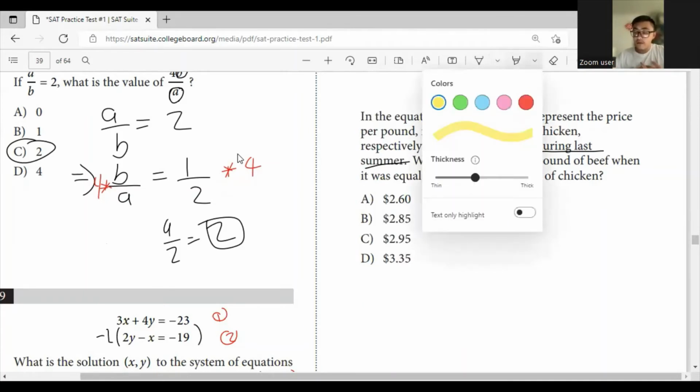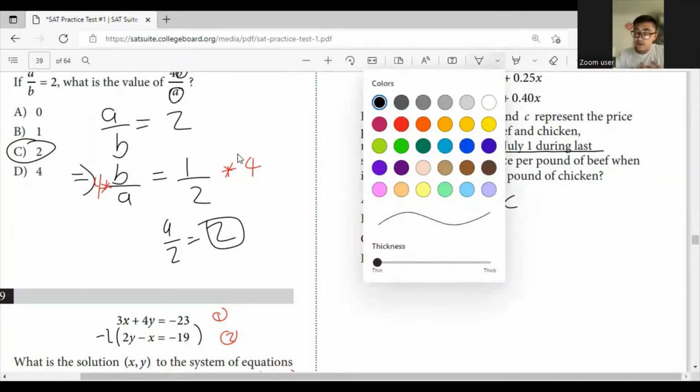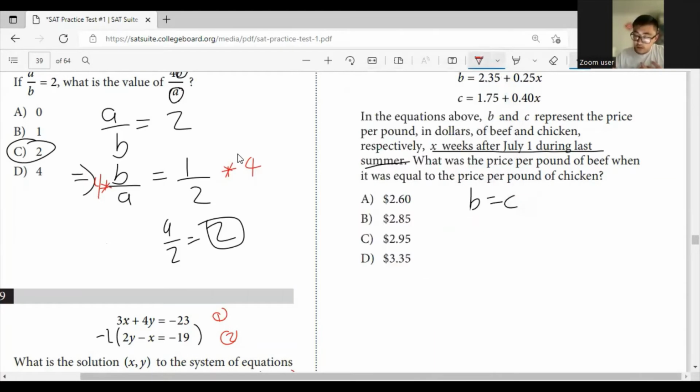So I'm going to go ahead and substitute now. This will be 2.35 plus 0.25x equals 1.75 plus 0.4x. All right, now we just need to solve.